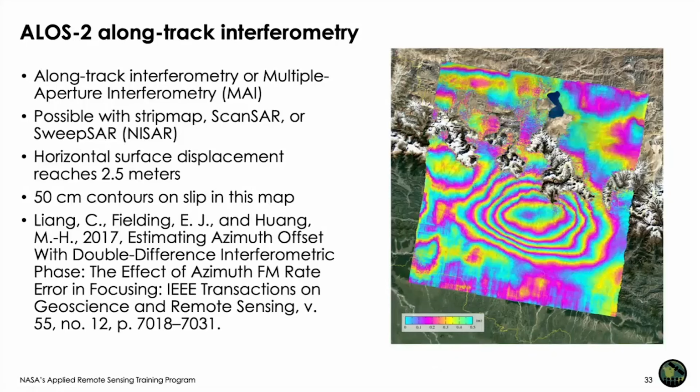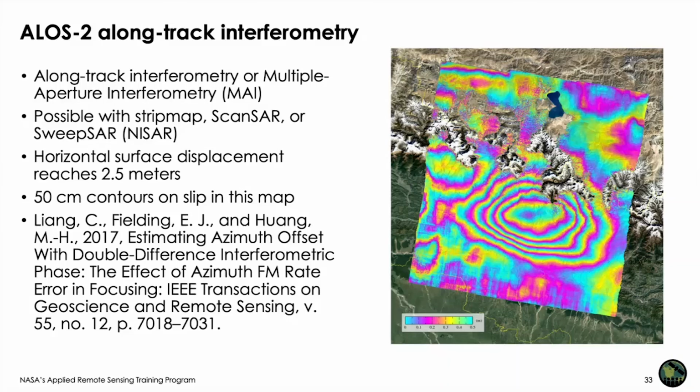Basically, it's a type of double difference interferogram where you take one interferogram with the part of the azimuth aperture that's looking forward, and another interferogram with the aperture looking backwards. Subtract the two, and you get the along track displacements as an interferogram.